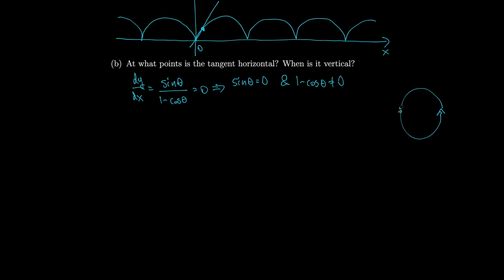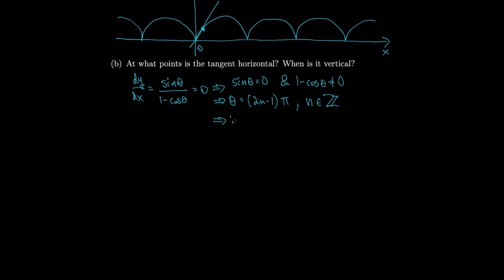So we can only consider the odd multiples of pi. So we get that theta is equal to all of the odd multiples of pi. We can write that as 2n minus 1, because 2n minus 1 is an arbitrary odd number as long as n is an integer. So we write n in Z.